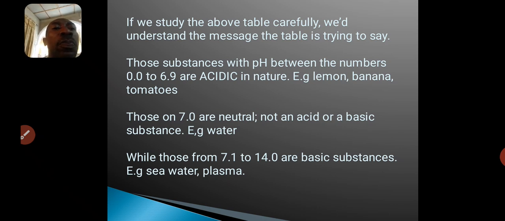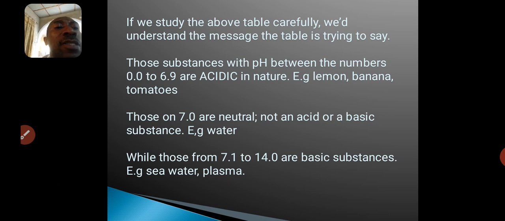You know pH 7 is neutral. That is neither acidic nor basic, and a very good example is water. Water has a pH value of 7. Then a pH that is above 7, between 7.1 and 14.0, you know is basic.